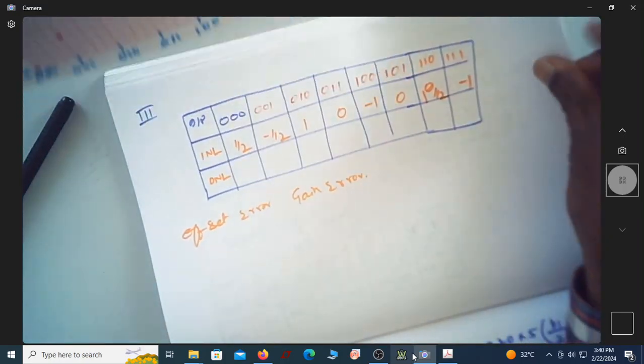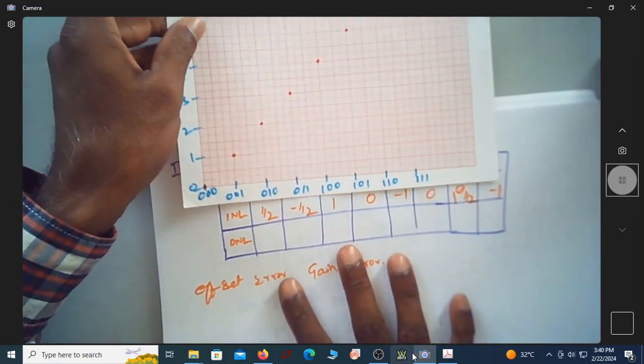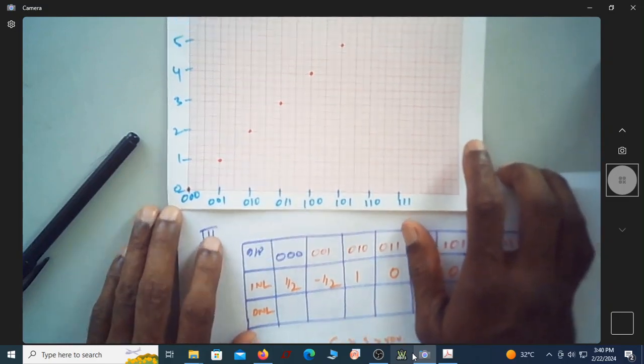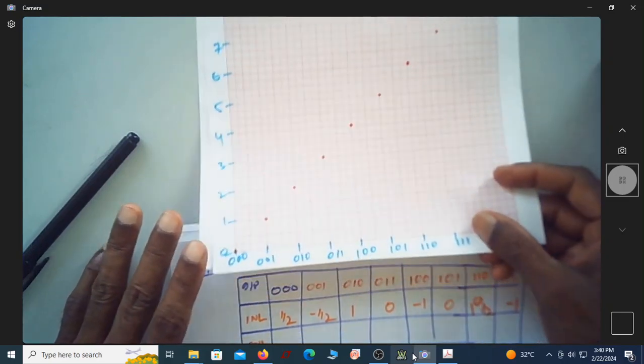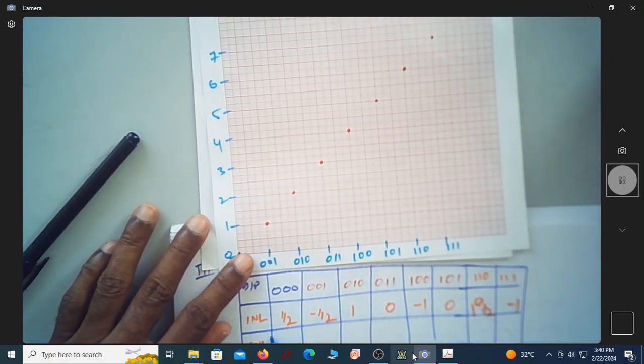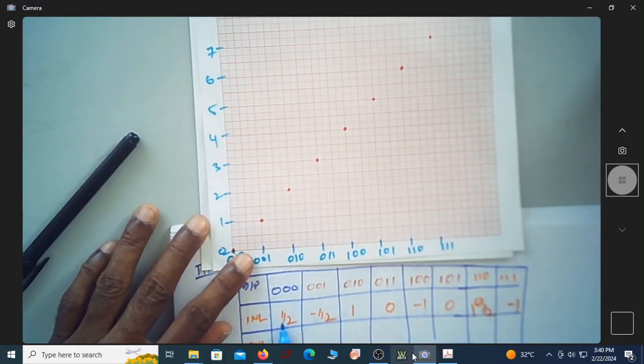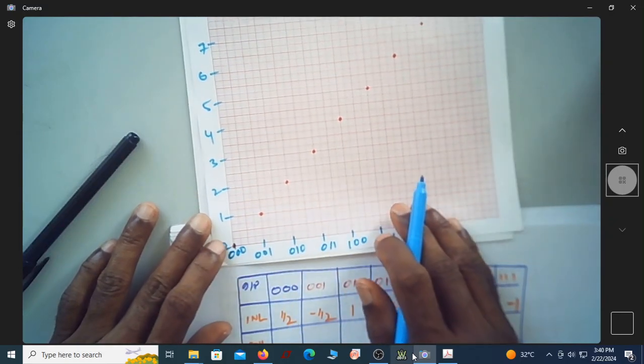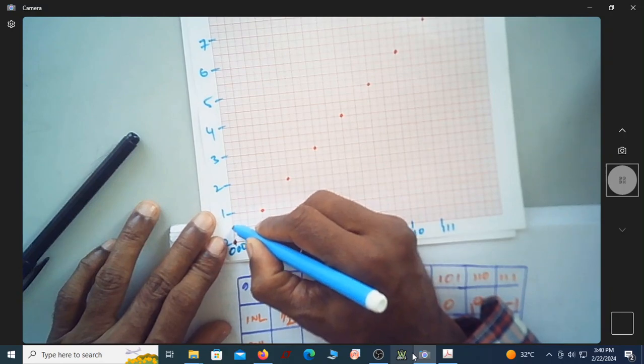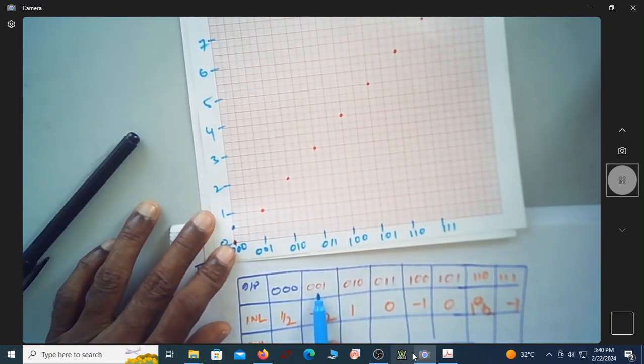So these are the values that are available. Let me write it here. First, in the 0 itself I have half LSB more. Can you see it is half LSB more? This is half LSB more. For 001 it is minus half LSB.